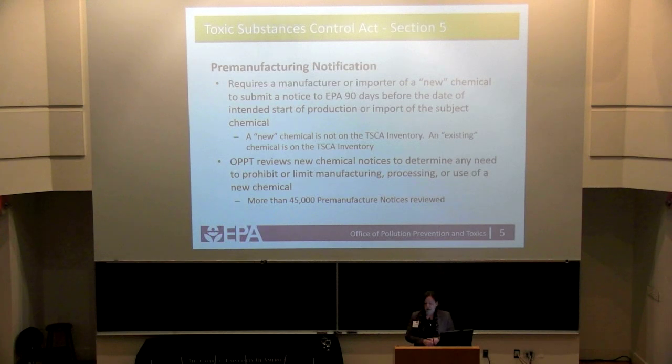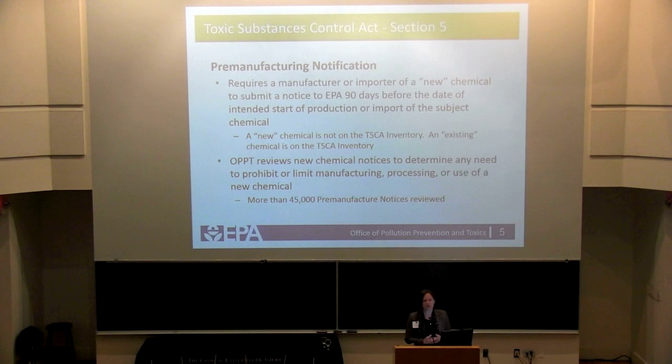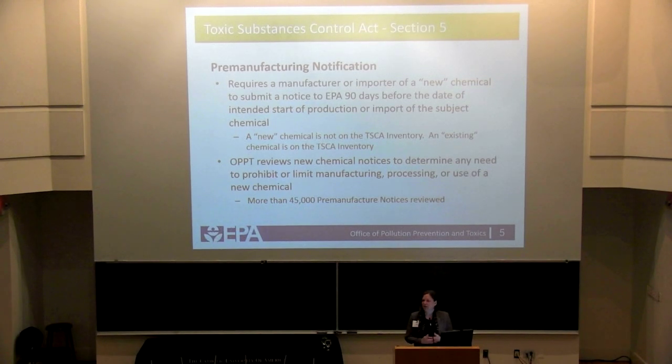Now, I mentioned a distinction between new and existing chemical substances. When TSCA was enacted in 1976, the first action that EPA took was to compile an initial inventory of industrial chemicals, and this is mandated under Section 8 of TSCA. So at that time, there was a large reporting program.